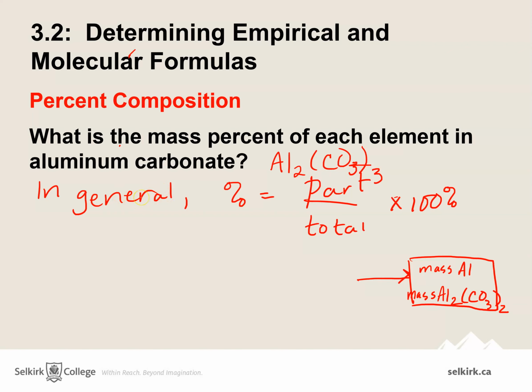I know there are 2 atoms of aluminum for every formula unit of aluminum carbonate. Similarly, I know there are 2 moles of aluminum for every mole of aluminum carbonate. So if I start knowing how many moles of aluminum there are, and how many moles of aluminum carbonate, if I knew the way to convert from moles to mass, I could solve that problem.